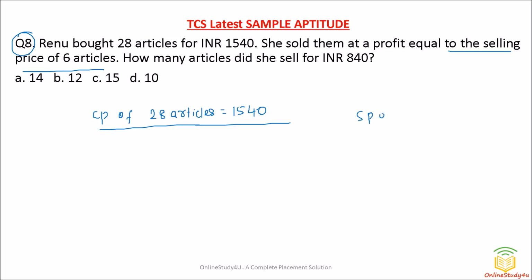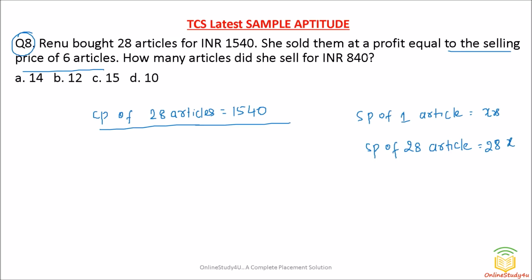So friends, let us assume the selling price of one article is x rupees, or 1 rupee, whatever you want to assume. Now the selling price of 28 articles will be 28x rupees. Now what is the profit?